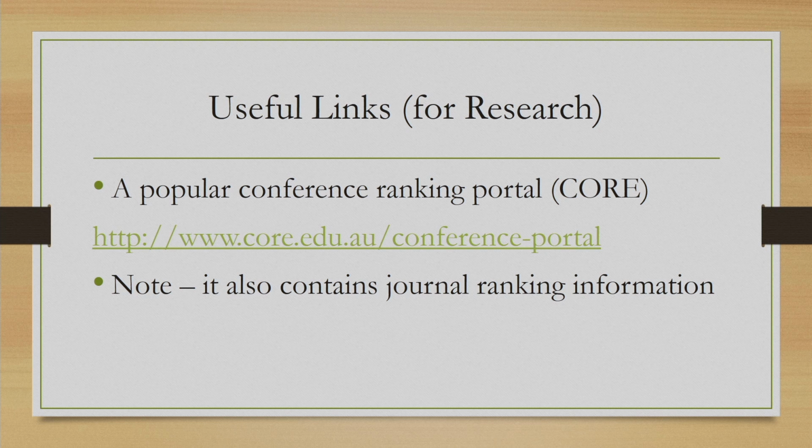However, if you are a beginner in the area of research and you do not have much idea about how to look for quality, one help that you can get is to find out the quality based on some ranking. There are websites which publish the ranks of the conferences and also journals. These ranks tell us about the quality.